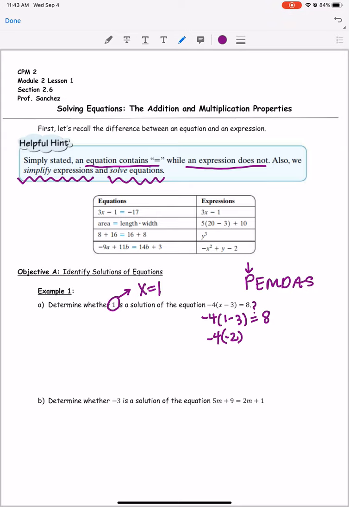Bring down your -4, your equals, and your 8. So then -4 times -2 is 8. Negative times negative is positive. So in this one, we do get 8 equals 8. So then determine if it is. Yes, it is. So yes, 1 is a solution.